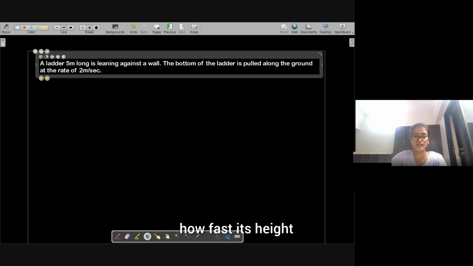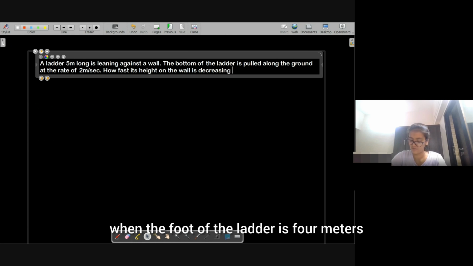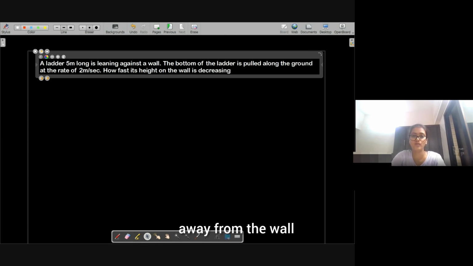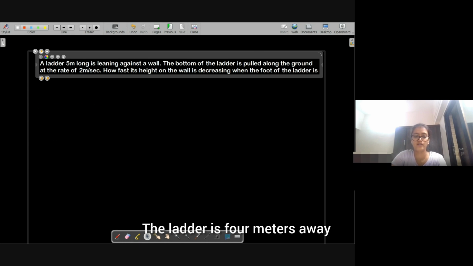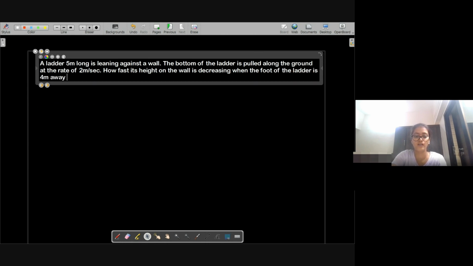How fast is its height on the wall decreasing when the foot of the ladder is 4 meters away from the wall?